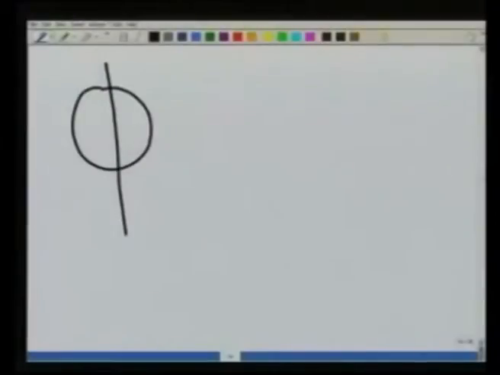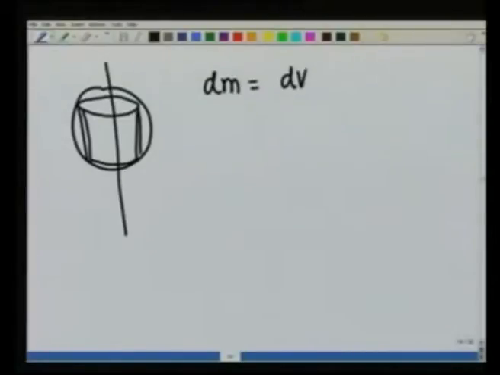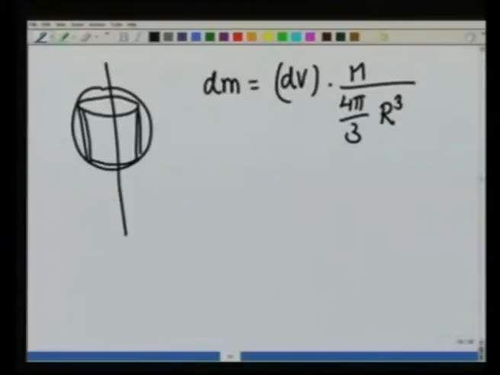As a last example, let us do a sphere about one of its diameters. For this, what I am going to do is take a cylindrical shell around the diameter, so that the mass of this cylindrical shell is going to be its volume, let us call it dV, times the density, which is going to be m over 4 pi by 3 R cubed.